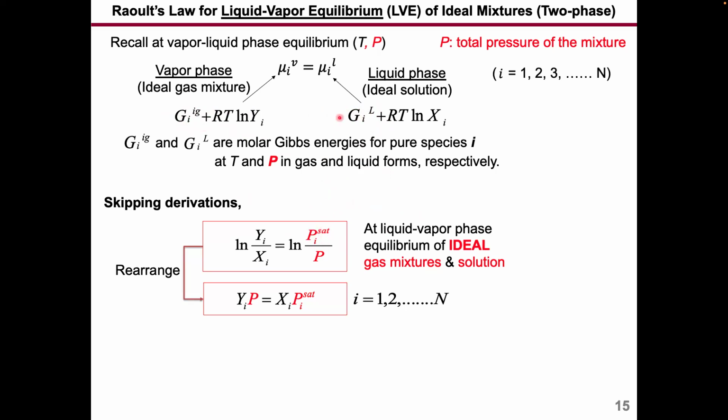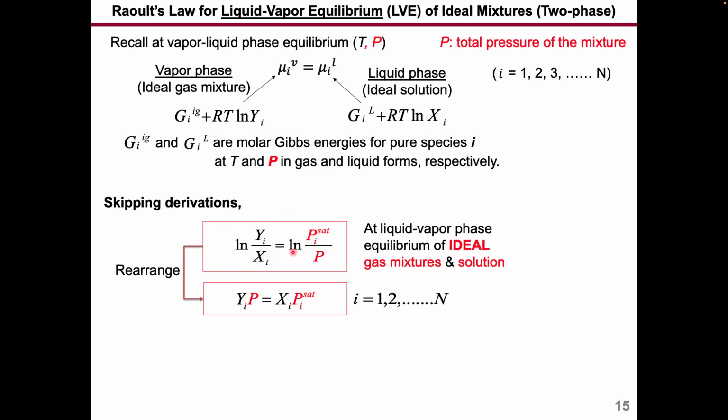I'm not going to derive that, but the difference between these two gives rise to this P i saturation. And then if you plug in and move things around, you will have natural log y i and natural log x i still in the equation. So in the end, if you move one to the other side, natural log y i minus natural log x i is going to be natural log of y i divided by x i.